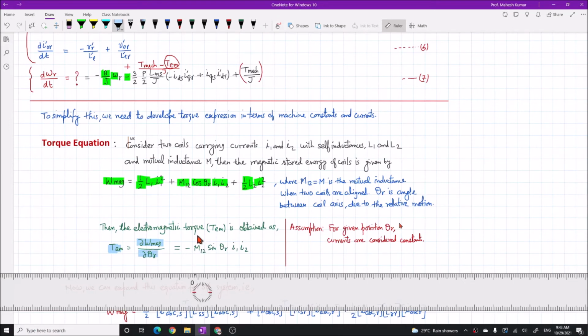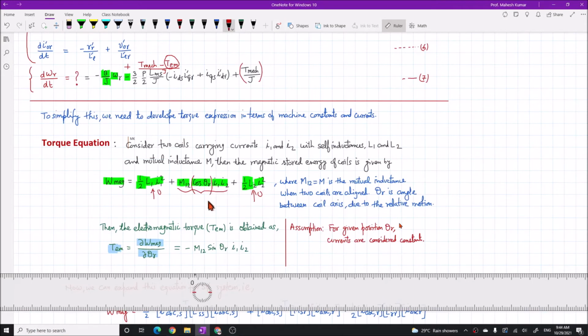Assuming that only theta r is the real variable, and for a given theta r the currents are constant. So if we differentiate this term with respect to theta, this becomes 0, this becomes 0. Only this term is there. Since we assume the currents are constant for the given position, only this is the variable.